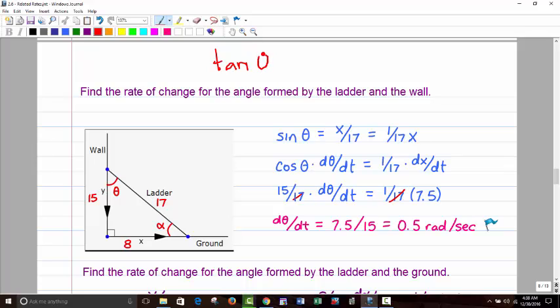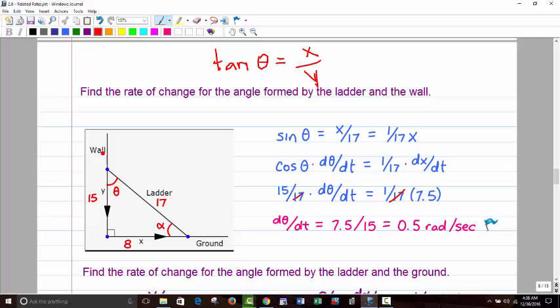I'm going to show you a different kind of right triangle problem in a minute.